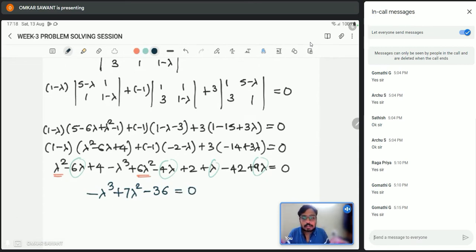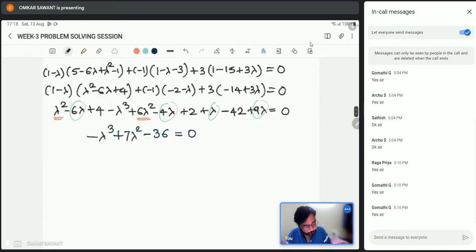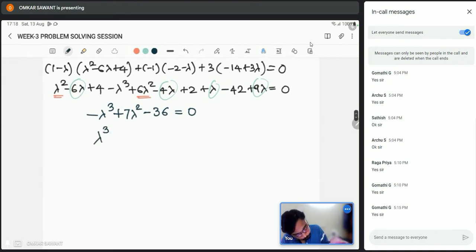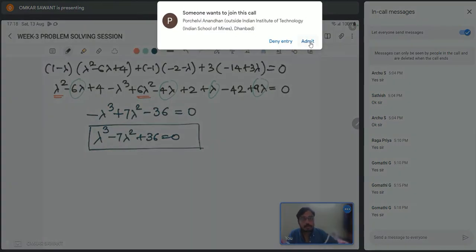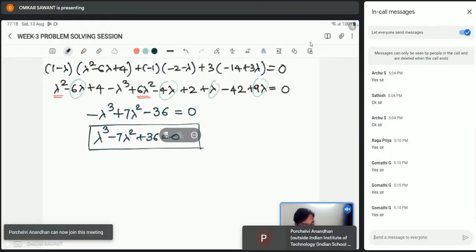Did everyone get the same characteristic equation?